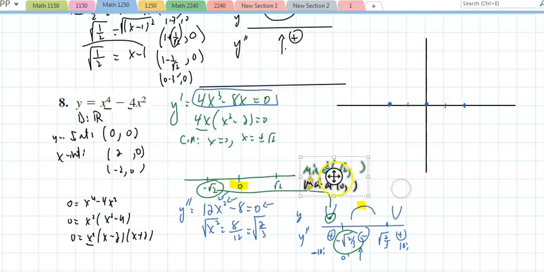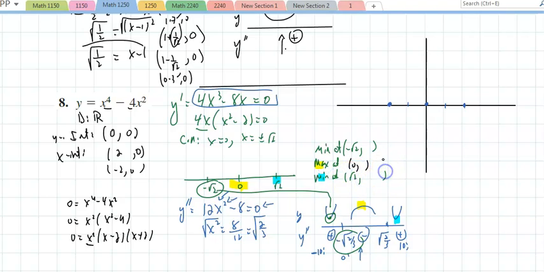Push those up a bit. This way we're not squishing. And wouldn't radical 2 be in there? That makes that a minimum. So we have a minimum at radical 2.